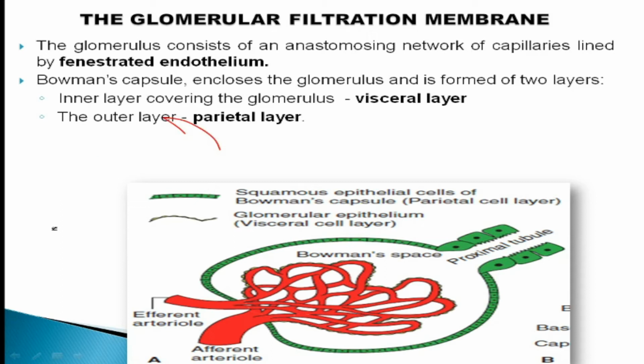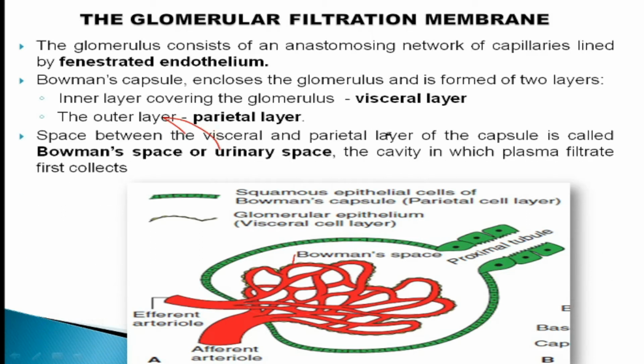The outer layer of the Bowman's capsule is the parietal layer and the inner layer is known as the visceral layer. See in this diagram, this is the outer layer of the Bowman's capsule, and this layer which is just adherent to the glomerular capillaries is the visceral layer.